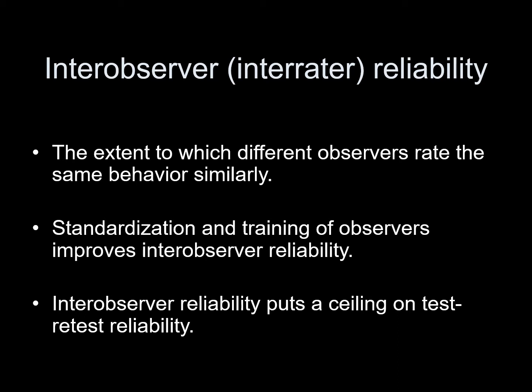When something like this happens, it's because we were not trained to look for exactly the same thing, and that causes us to have different opinions despite having witnessed exactly the same thing. So in the case I just told you about, our inter-observer reliability is very low, because we cannot agree on what we witnessed, despite the fact that we witnessed exactly the same thing at the same time.